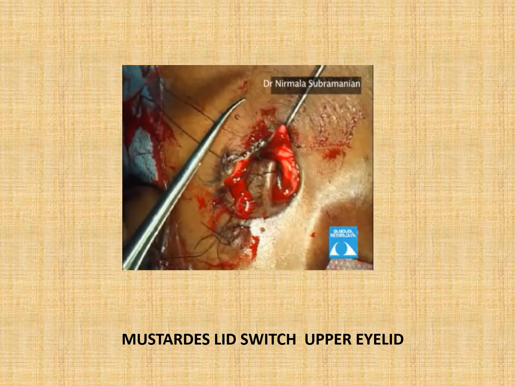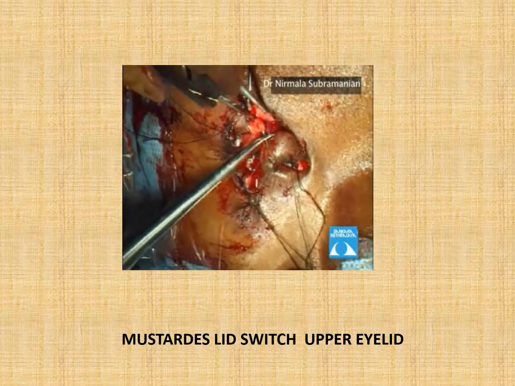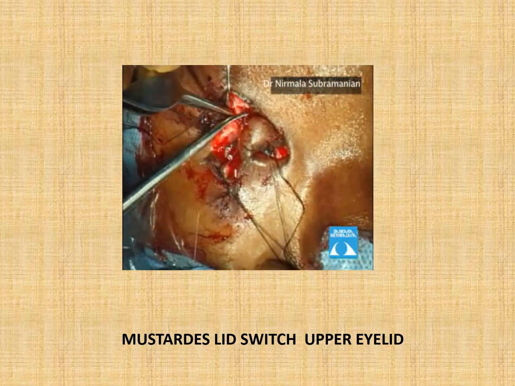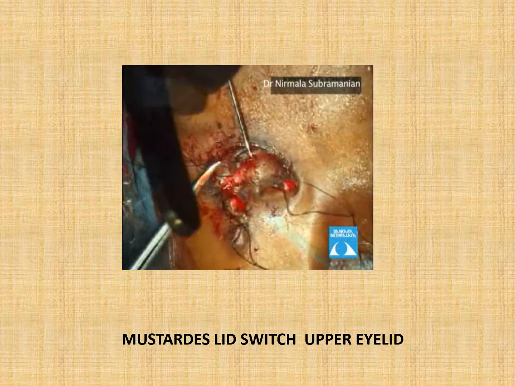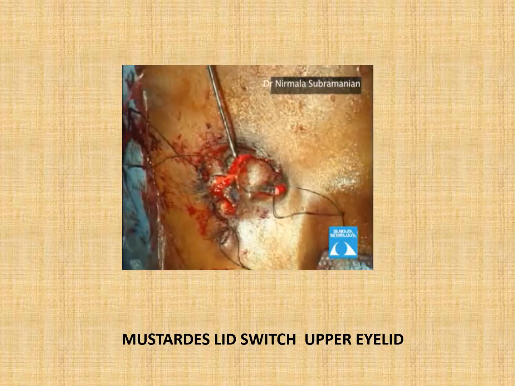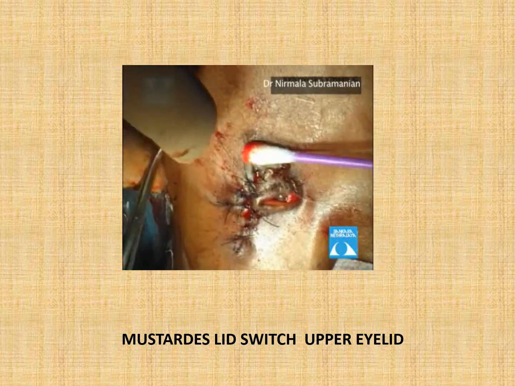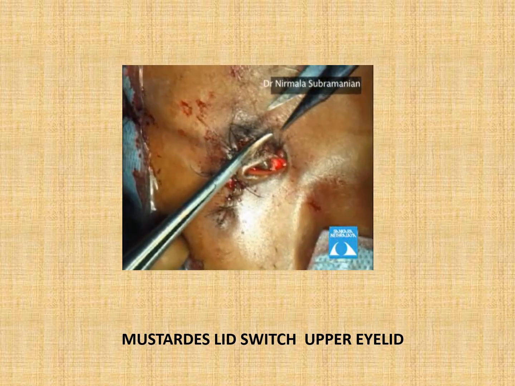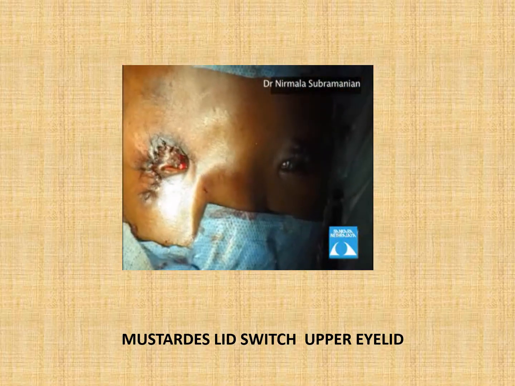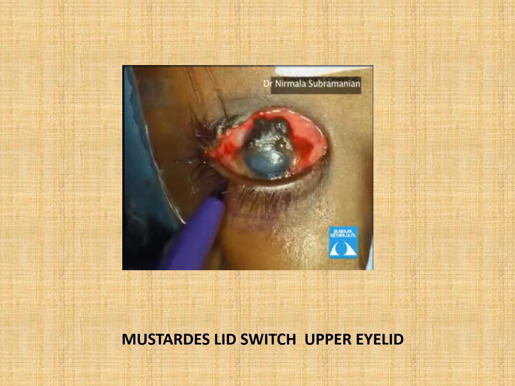Flap is inserted into the defect in 2 layers. Here you see the flap has been attached.